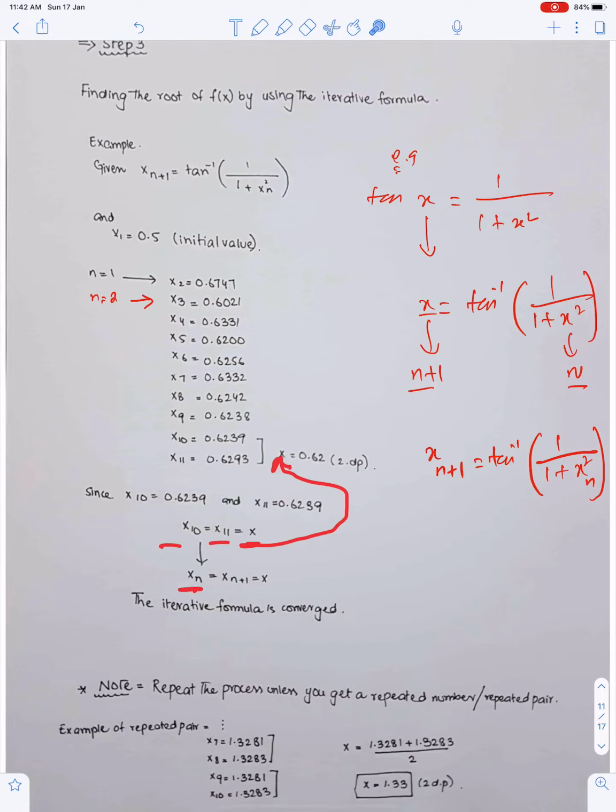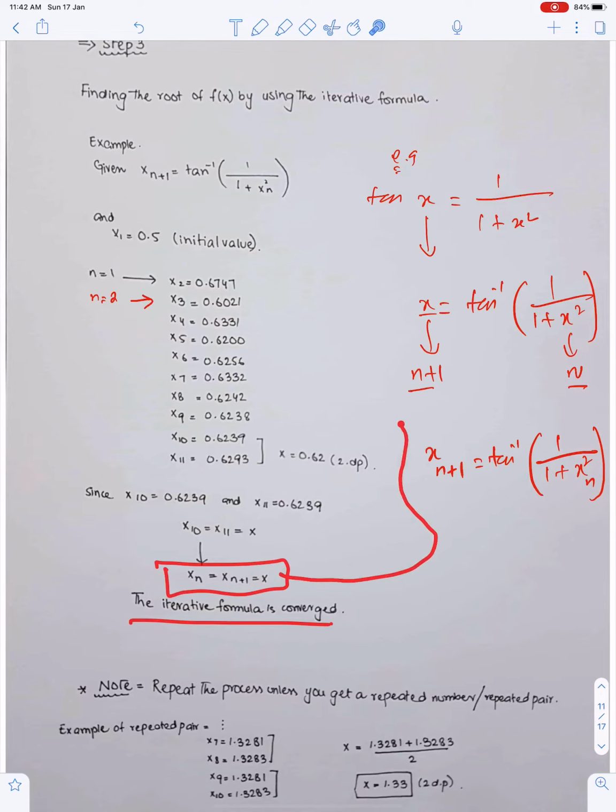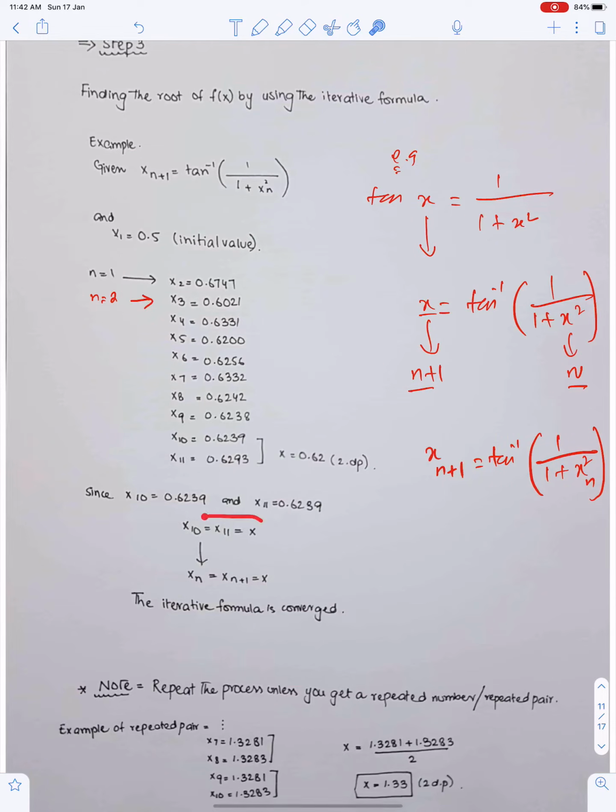So xn, if 10 is n, then 11 will be n plus 1, and this is x. That means the formula has converged, and that is why we substituted n plus 1 here and n here. Because when the formula has converged, we write n plus 1 here and n here.